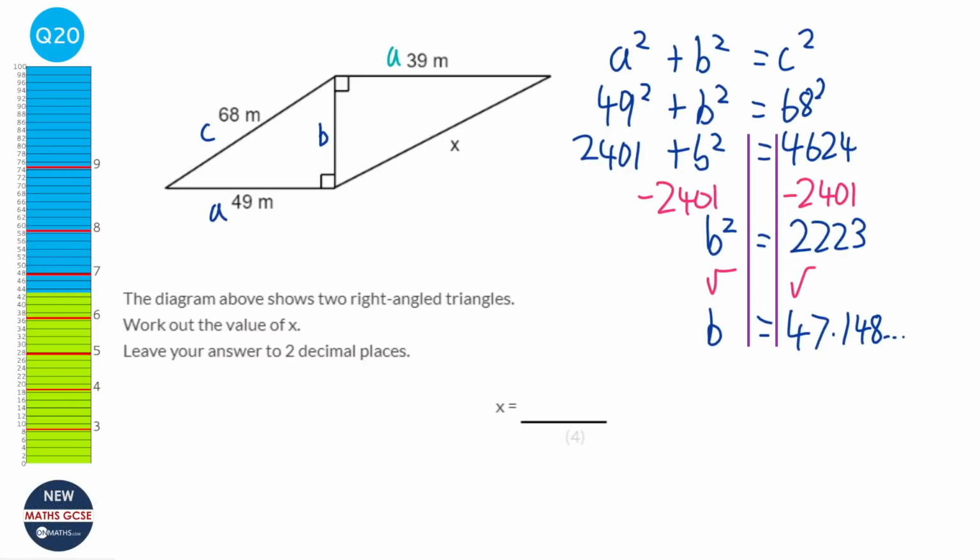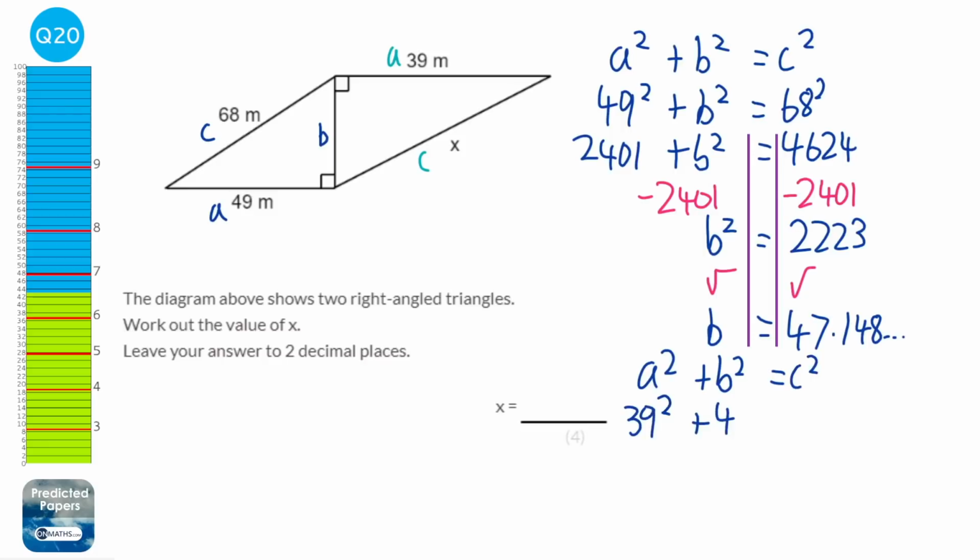Okay, we're now looking at the second diagram, and this time we've got our a, we've got our b, and we're going to call x the c. So it'd be a squared plus b squared equals c squared, but this time a is 39. B we are given as 47.148, we've just worked that out. And we're looking for c, in fact we can call it x now. So we need to square that.